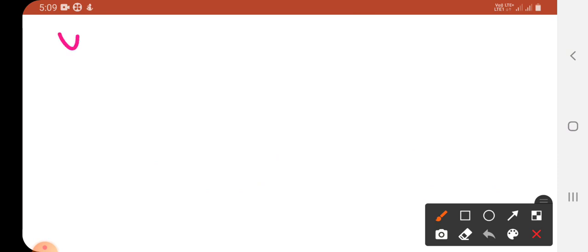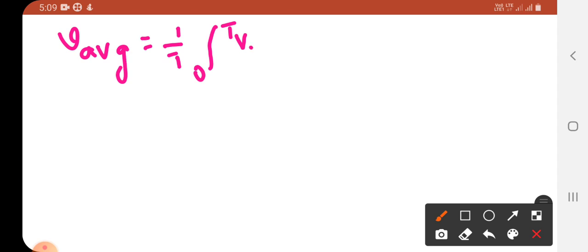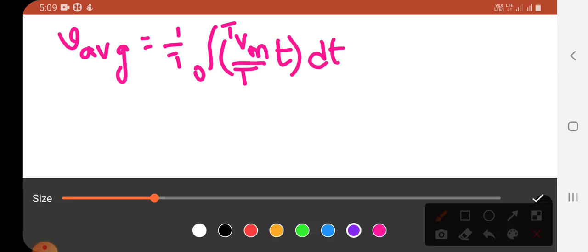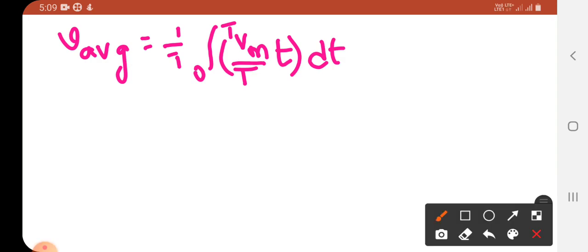First one is average. V average is equal to 1 by T integral 0 to T of V of t, that is Vm by capital T into small t, dt. Here these two are constant, that is Vm by T square.